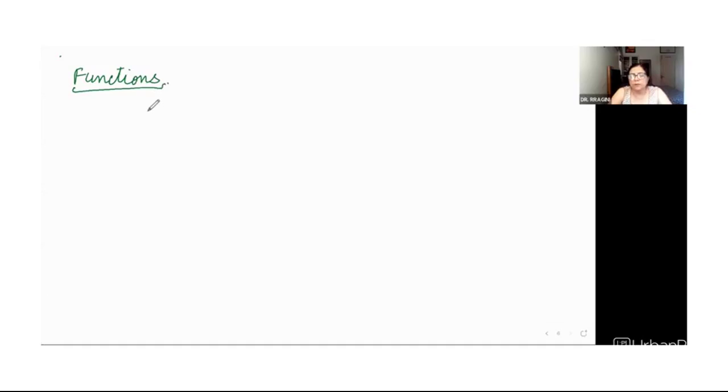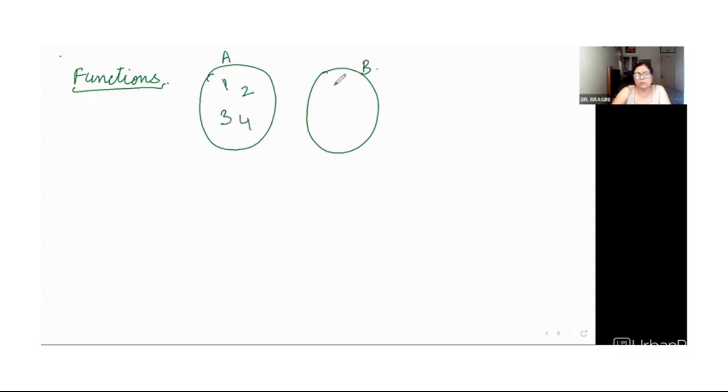What is a function? If you recall the previous videos, the very first connectivity between two non-empty sets we had learnt about was the Cartesian product, right? Now let me make two non-empty sets, A and B. Again, I would like to first write the Cartesian product because that is the very basis from where we have to start.